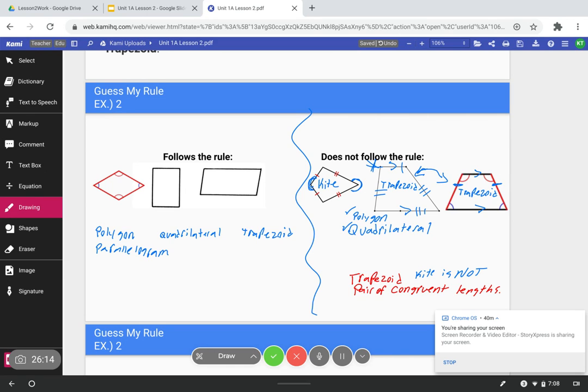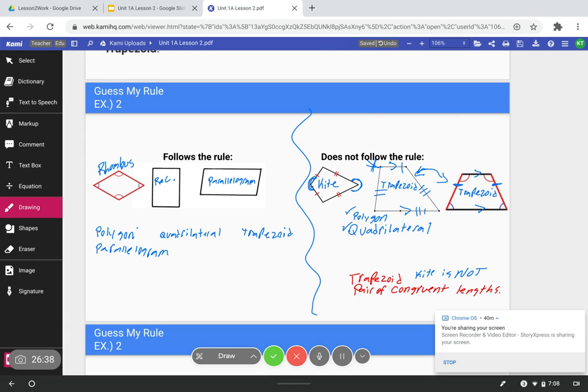So now let's go over to the ones on the left. What are the attributes that they share? Well, all of these shapes, let's label them first. Rhombus, rectangle, so it's a rhombus, rectangle, and parallelogram.